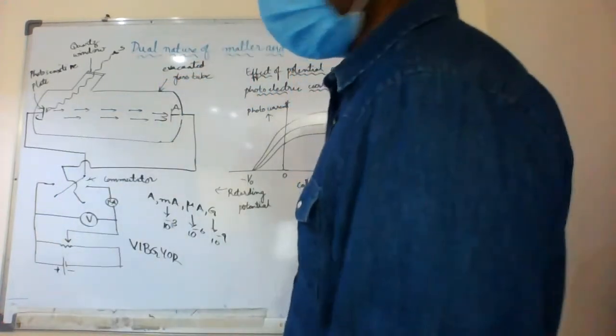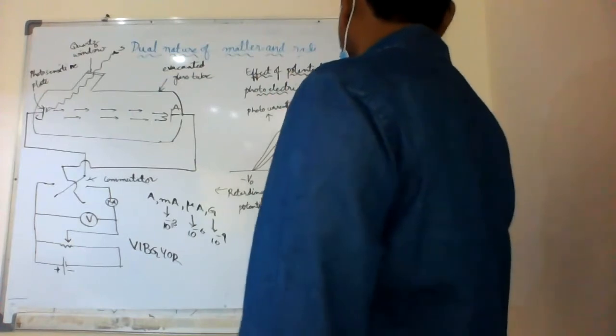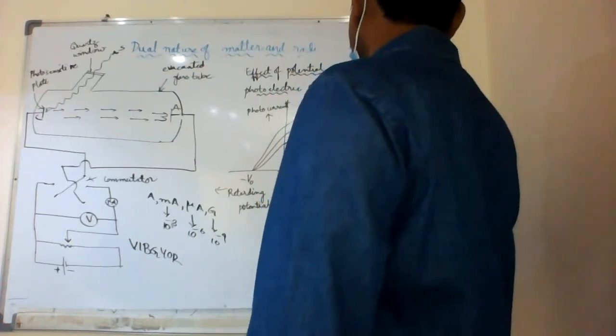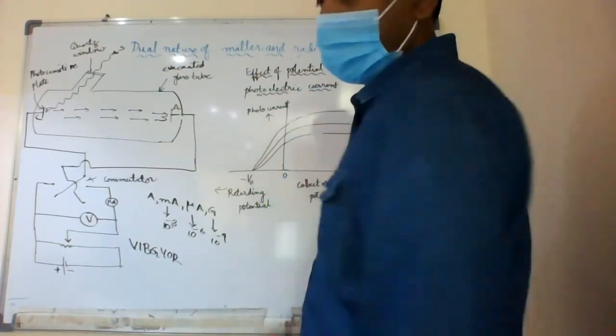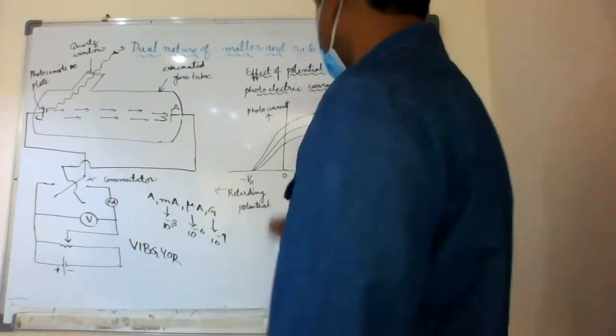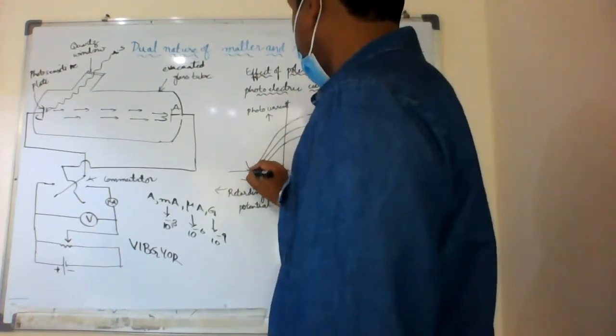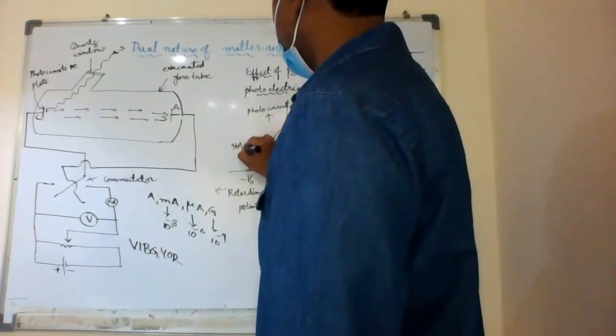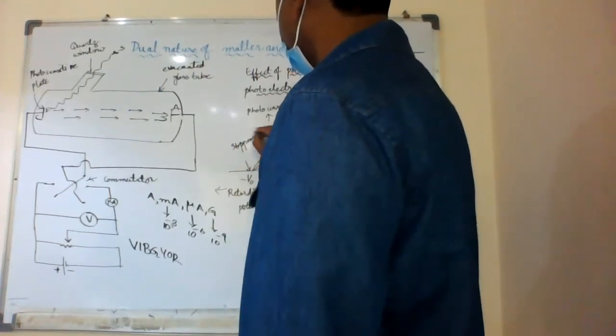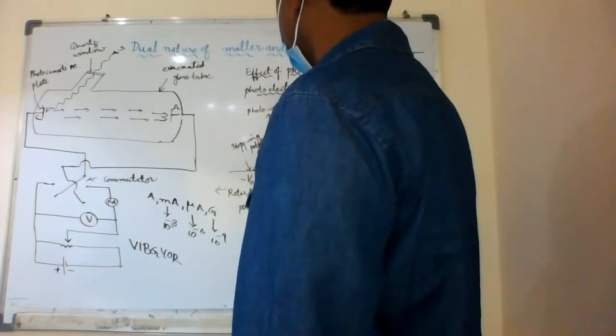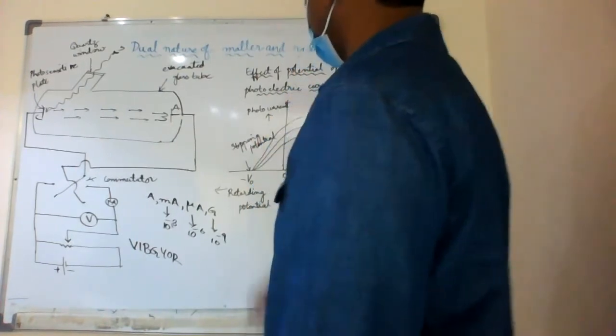This is I1, this is I2, intensity. And this one is the stopping potential.